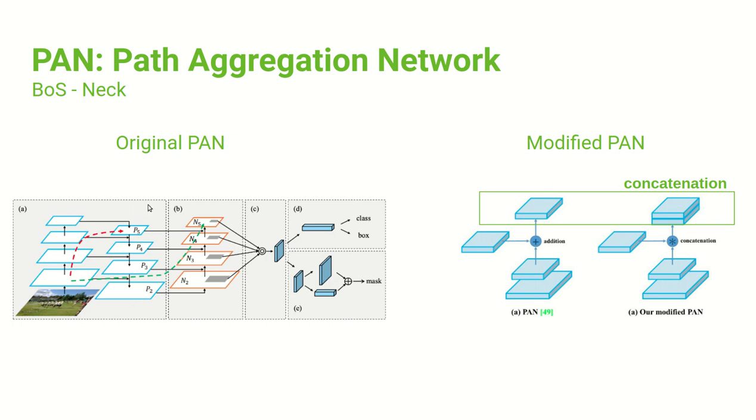So you can fully leverage the low-level feature information. And we all know that low-level feature information contains localization information, which can help the detector correctly localize the object. And the modification of the PAN inside YOLO is that instead of doing element-wise additions, it uses concatenation of the different feature maps.